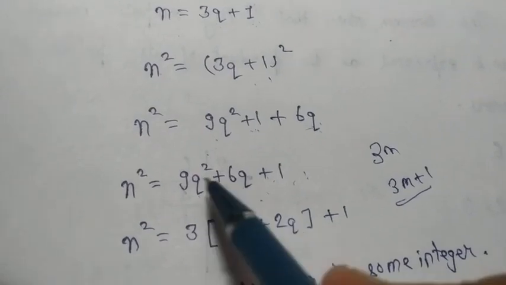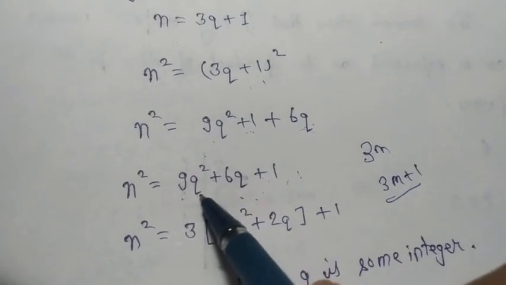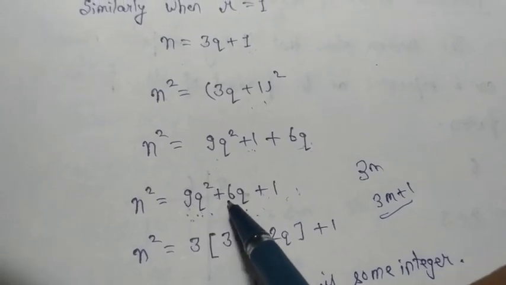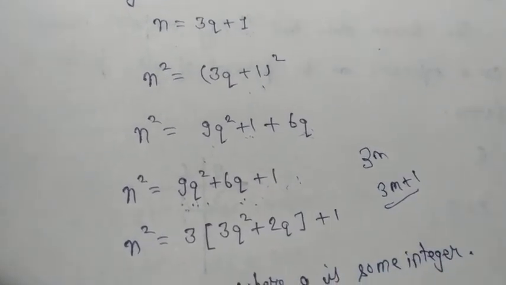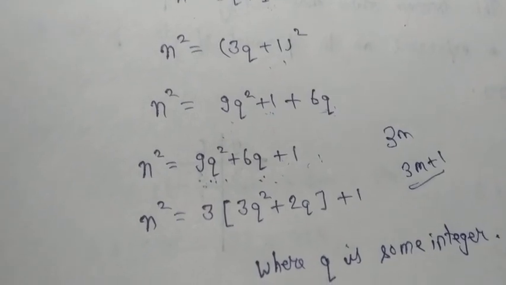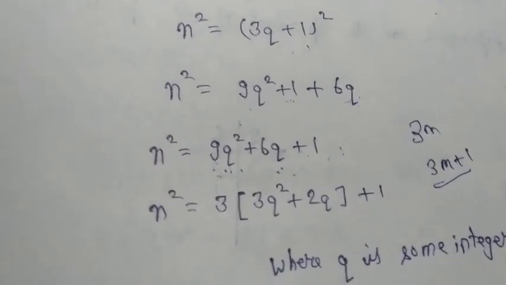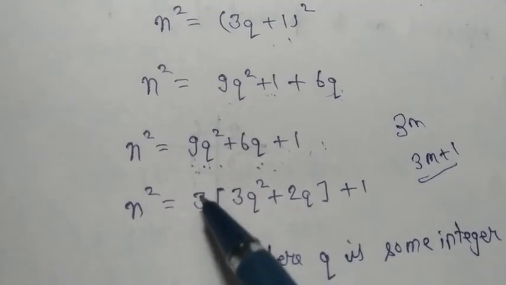So see, when you take common, q can be common in both and 3 can also be common, but students, we will take only 3 common because we have to mention only 3. Okay, so I am going to take 3 as common.